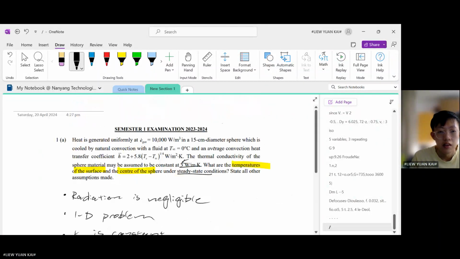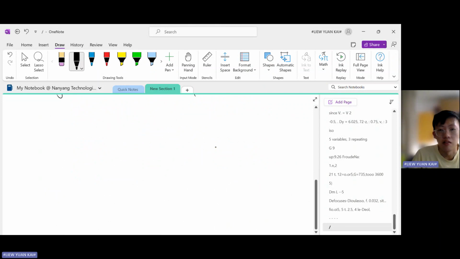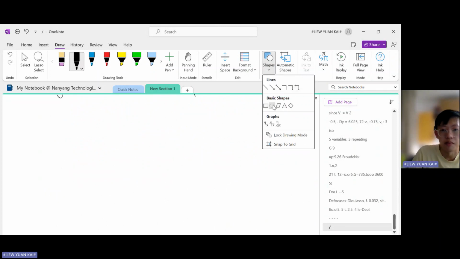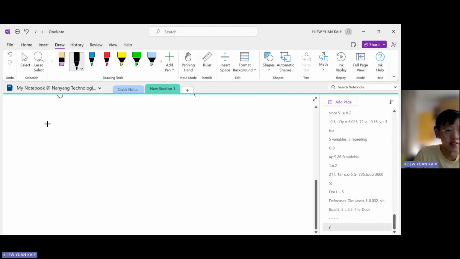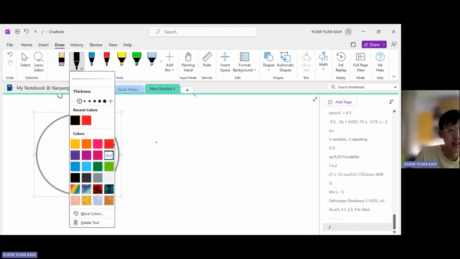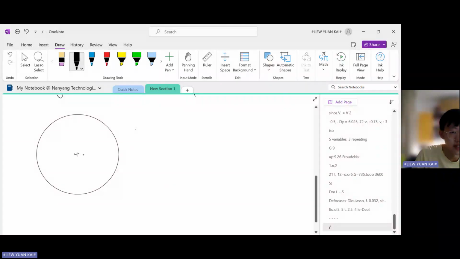So let's draw out the problem. I always recommend you draw the problem. In fact, I strongly encourage you to draw the problem so you have an idea of what is going on. So we have a sphere, and the center of the sphere is given as this. Because the diameter is 15 cm, which is 0.15 meters, the radius will be half of this, so it'll be 0.075 meters.